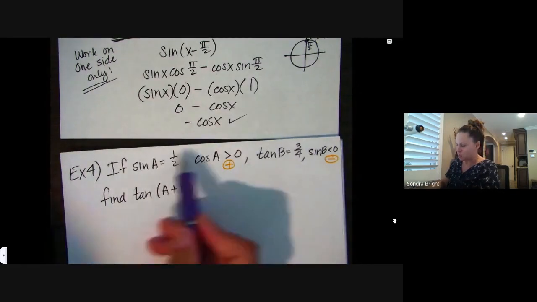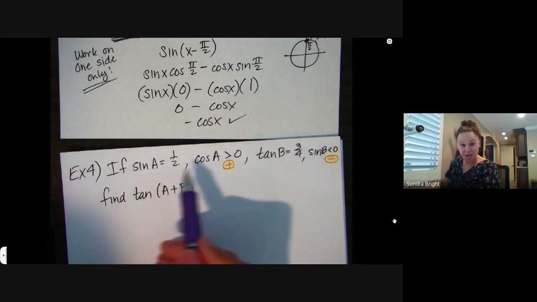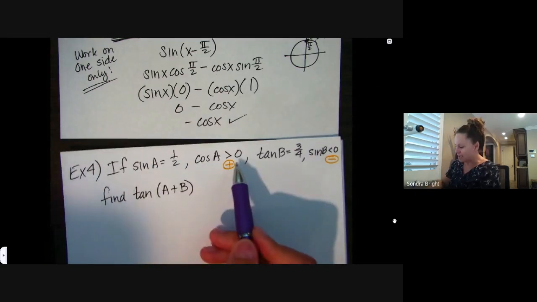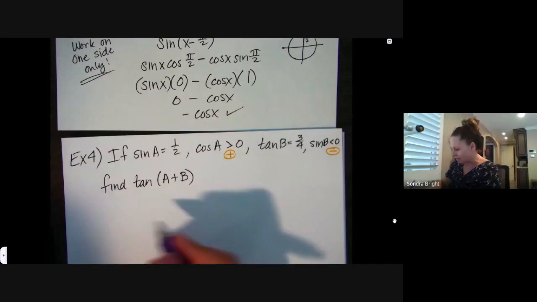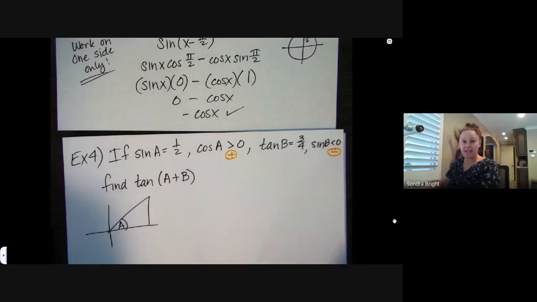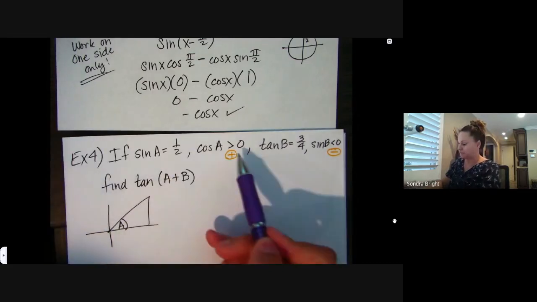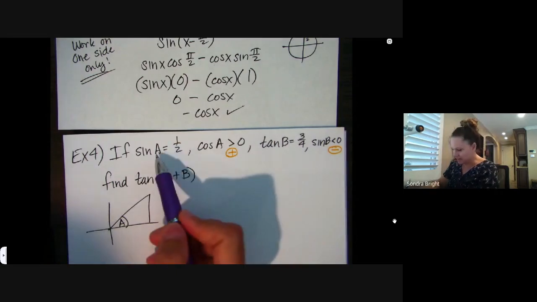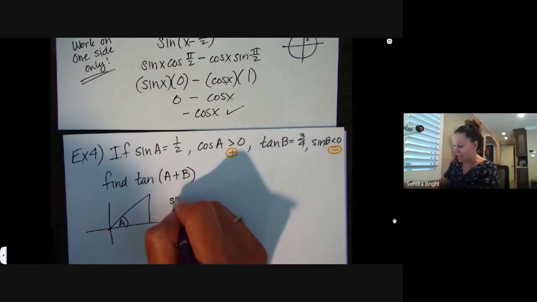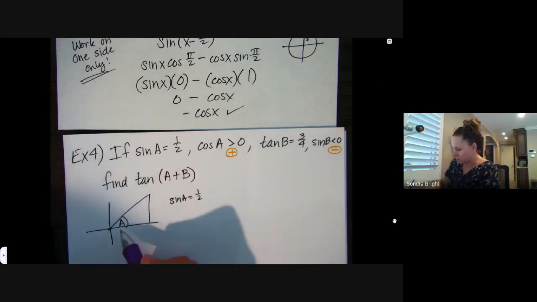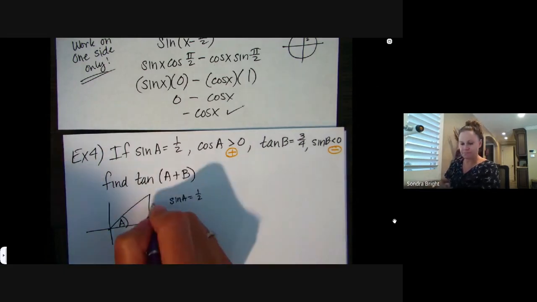If sine of A is 1/2 and cosine is positive, so sine's positive and cosine's positive, that means angle A is a quadrant 1 angle. They tell us sine of A is 1/2, and that's y over r. So 1, 2.